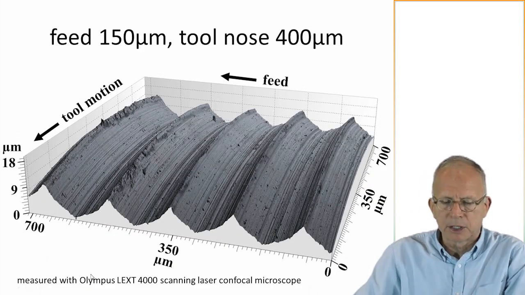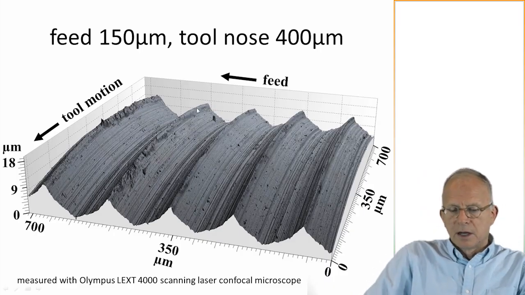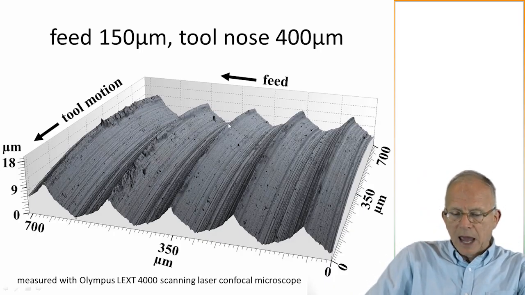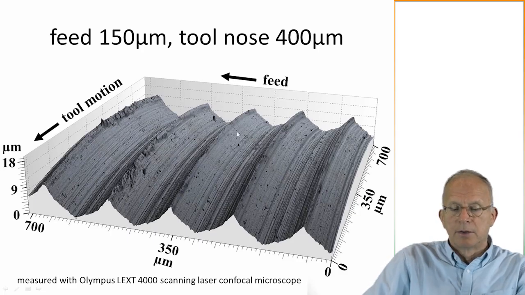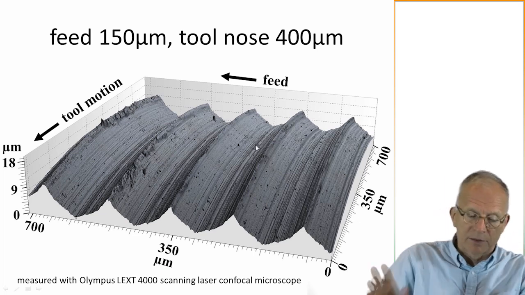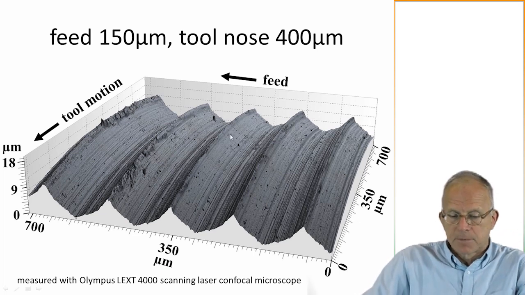Here's another depiction of a turned surface. And so we're looking at this at an angle. One of the nice things about a confocal microscope measurement, or any kind of 3D measuring microscope, is that after you've made the measurement, you have the 3D coordinates of the measured surface. And so this you can twist around and look at different angles and fly through and whatever you want to do.